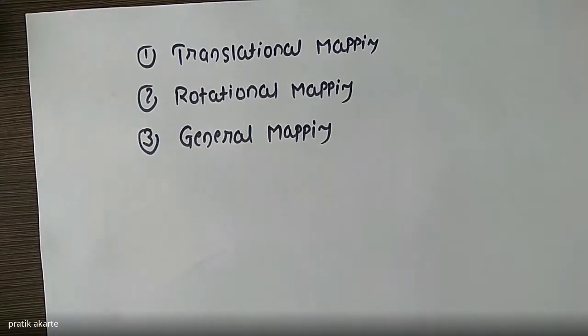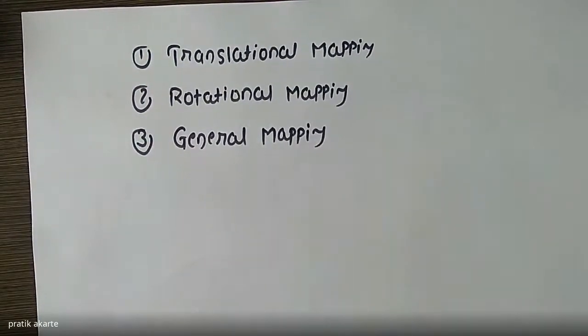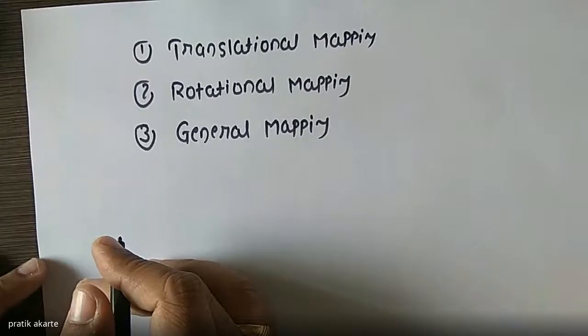Now, what is translational mapping? You know very well what translation is. It is changing the position of the object if we consider geometric transformation. The same thing, but with a little difference in transformation, since we are changing the coordinate systems.